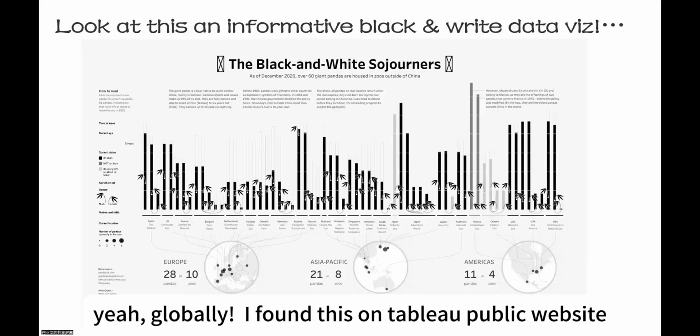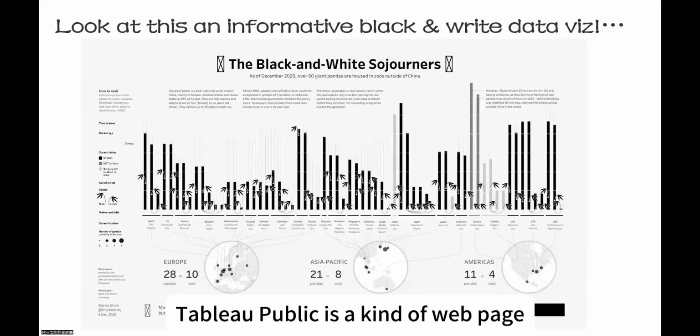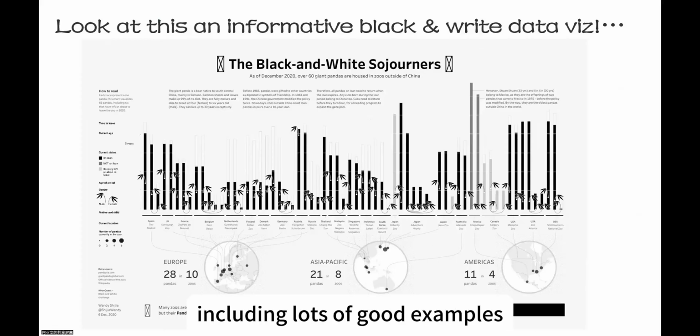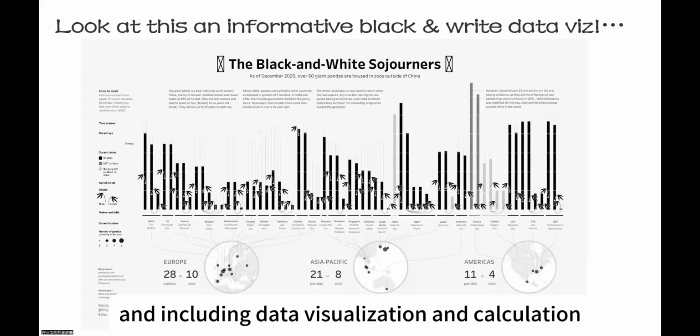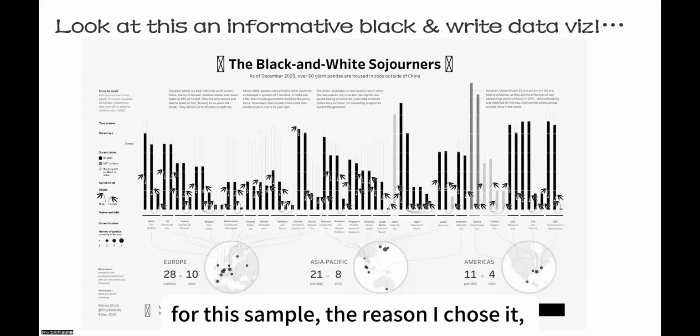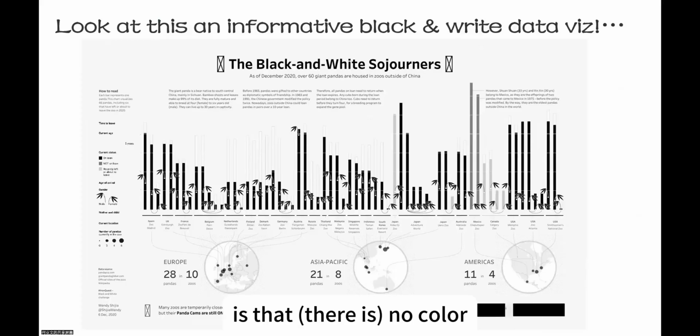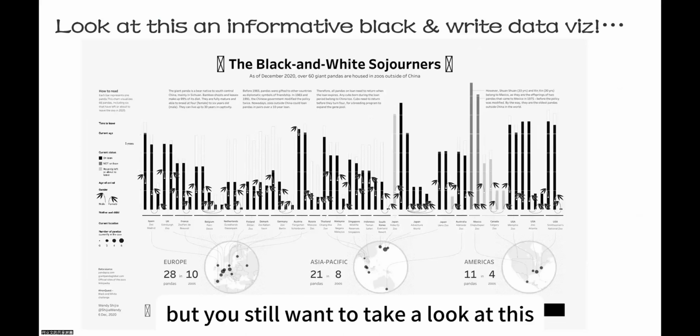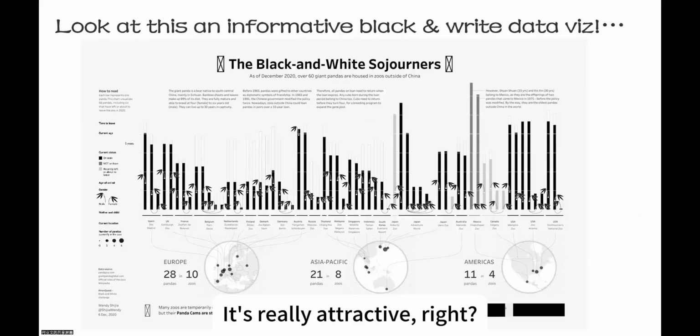I found this on Tableau Public. Tableau Public is a web page including lots of good examples of data visualization and calculation. The reason I chose this sample is that it has no color, but you still want to take a look at this. It's really attractive, right?